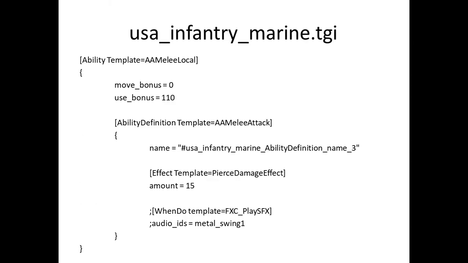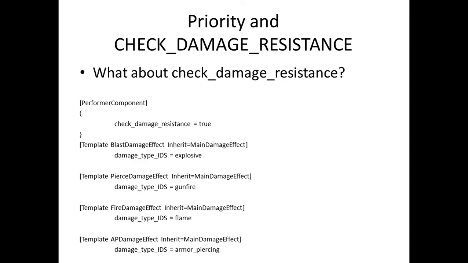That's where the damage value is given, that's where range usually is, that's where recharge time usually is, area of effect, the name of the ability, all that's in the ability definition. And so if you have this set to true, the abilities will look at what their damage effect is. There has to be a damage effect in it for this to work. And of course, ability definitions can only have one damage effect.